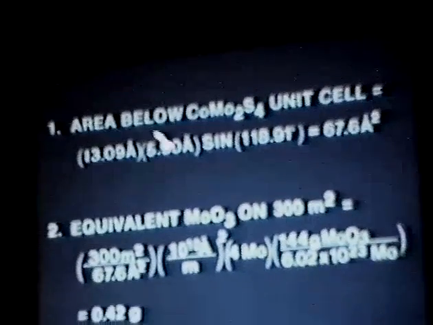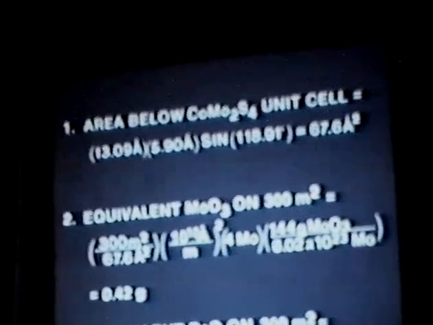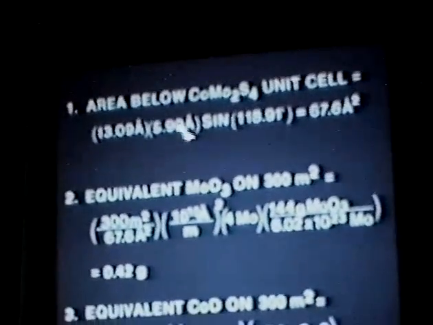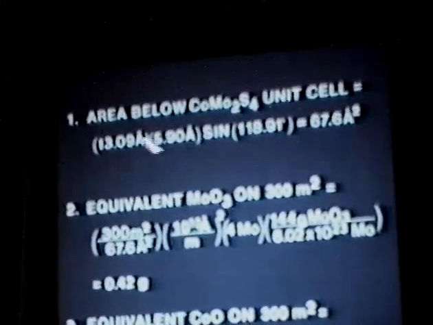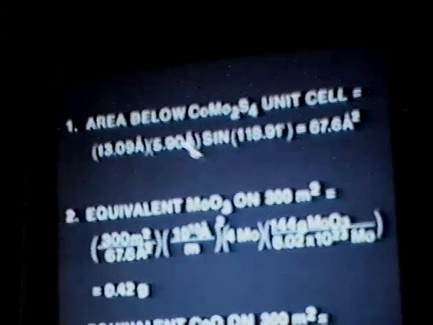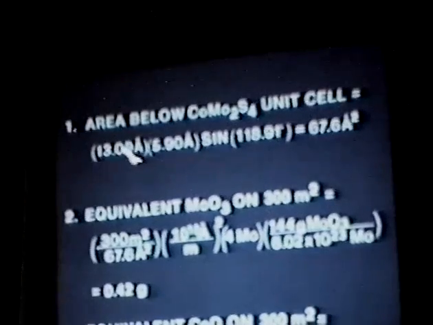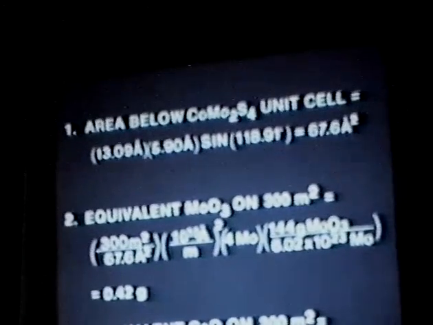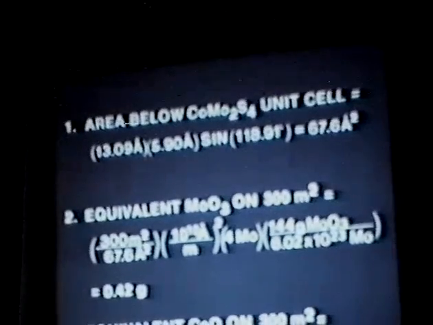The idea of this slide is to show you, taking off from the previous slide, what one can do is calculate the area under one of those unit cells like this. This is sort of a two-dimensional counterpart of a crystallographer's density calculation in a bulk structure determination.